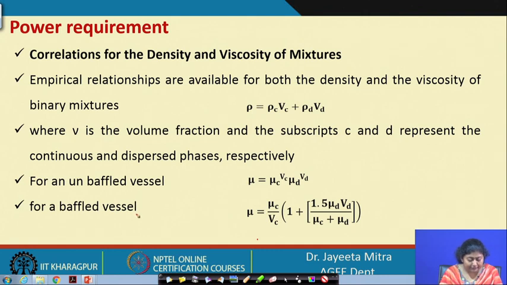And for a baffled vessel, the relation has been developed as: viscosity will be equal to the viscosity of the continuous phase mu c by V c into 1 plus 1.5 mu d, the viscosity of the dispersed phase, into V d, the volume fraction, divided by mu c plus mu d. So, these two equations are for the unbaffled and baffled vessel in case of the mixture.